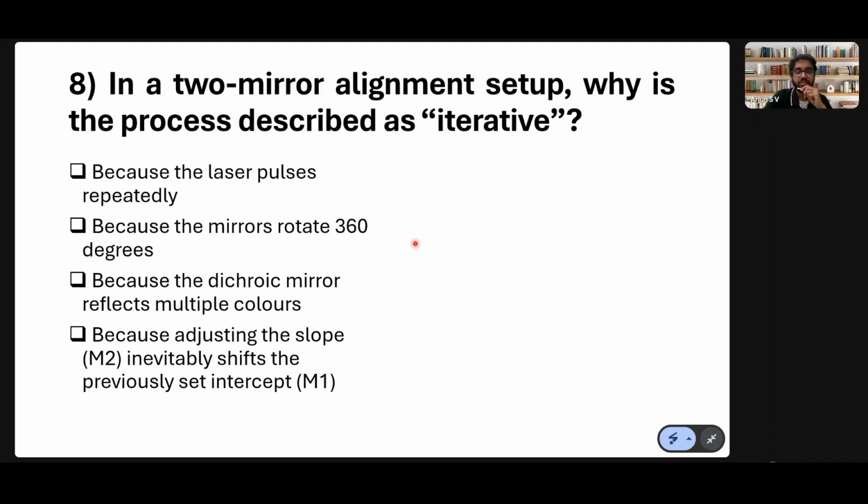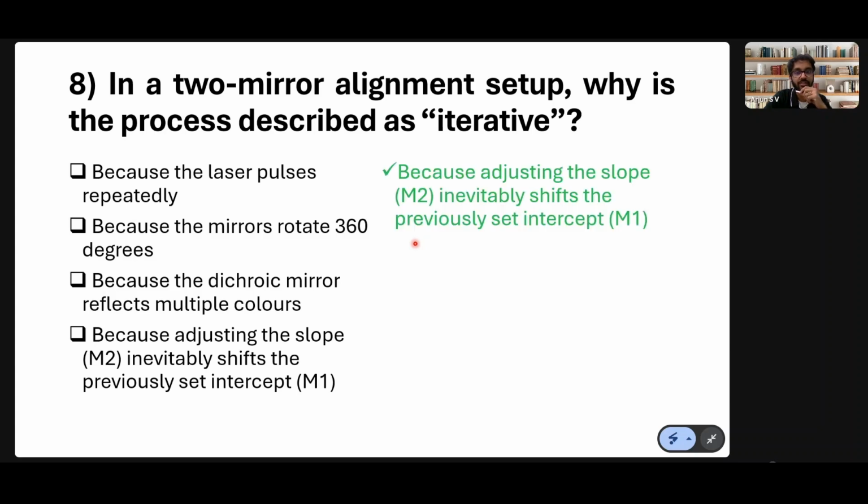So in your two mirror alignment setup, if you adjust the slope, it also adjusts the previous intercept. So it goes on forever. That's why it's called iterative. So the correct answer is option D, because adjusting the slope inevitably shifts the previously set intercept.